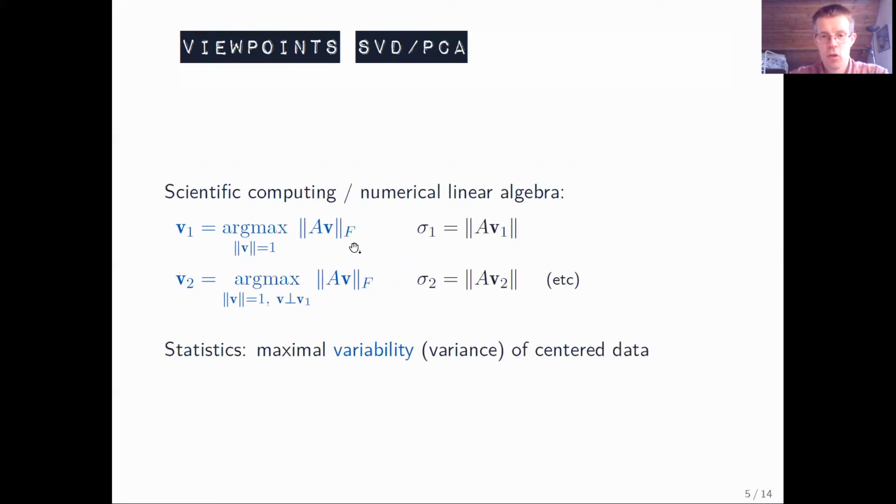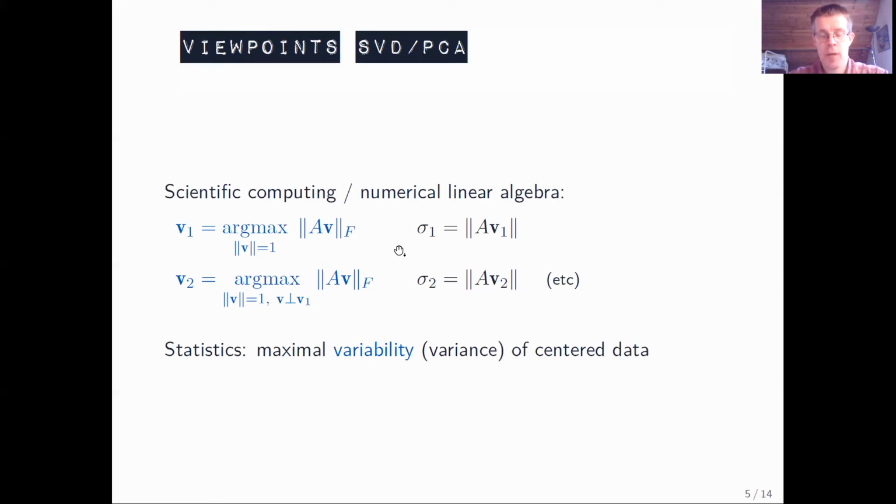Okay, so in the field of numerical math, numerical linear algebra, scientific computing, this is often the most frequent point of view. So we take the Frobenius norm and we just maximize over the sphere in Rn this output vector norm.